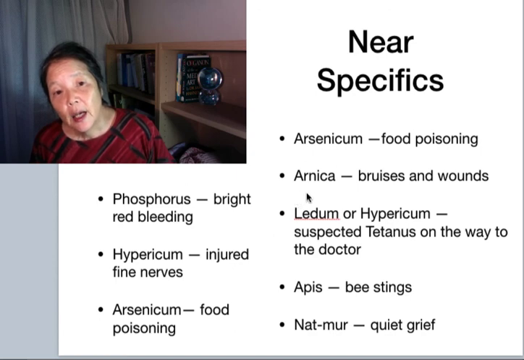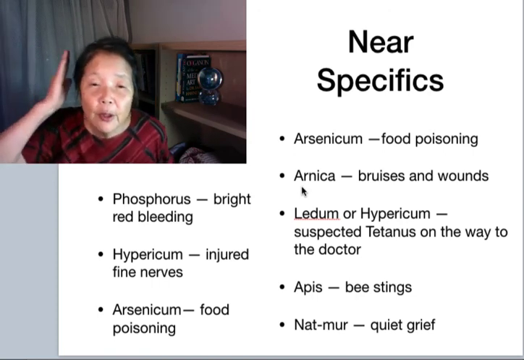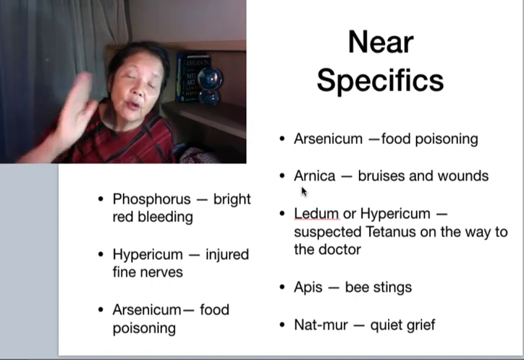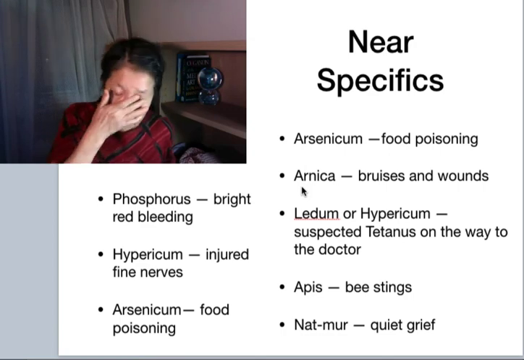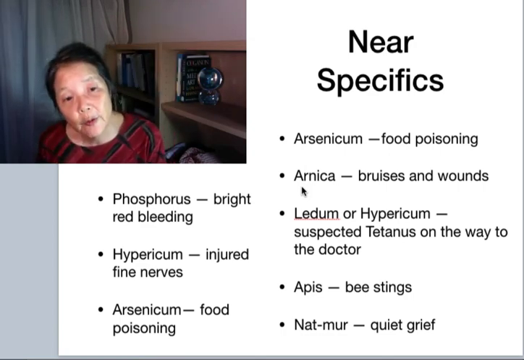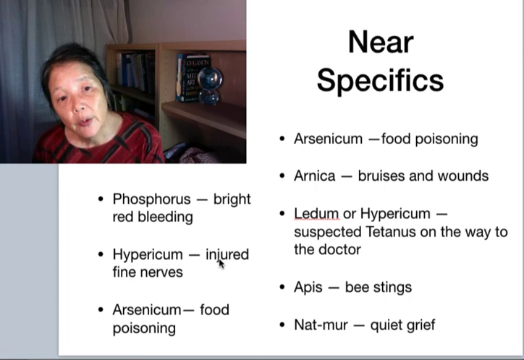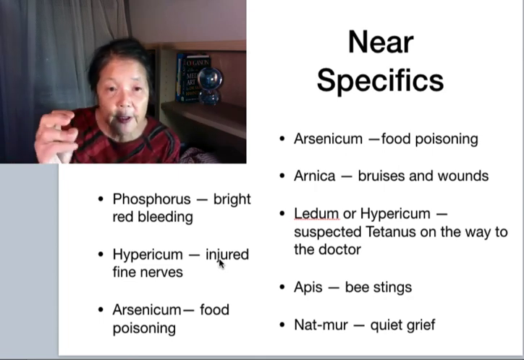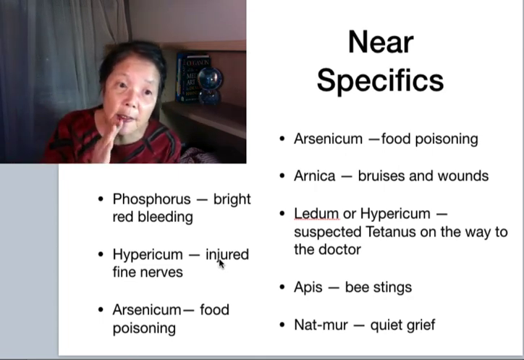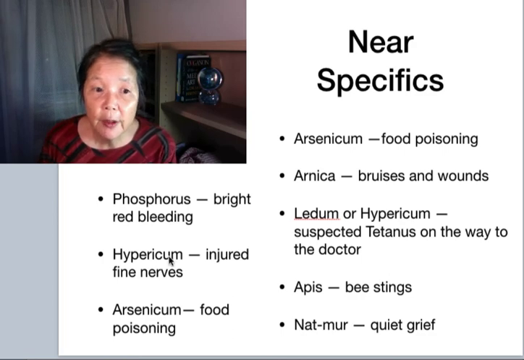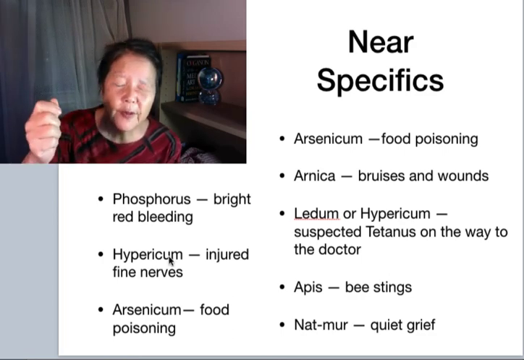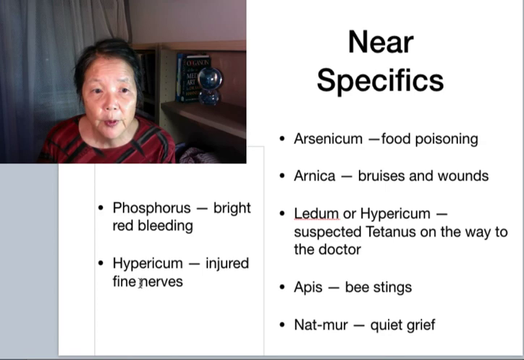But arnica, if you've got bruises or wounds, it's the first thing you run for. When you don't have time to think, knowing these near specifics is really helpful. I talked before about hypericum being really good for these fine nerves in your hands and fingers and on your face. Any kind of injury to these fine nerves will be with hypericum.